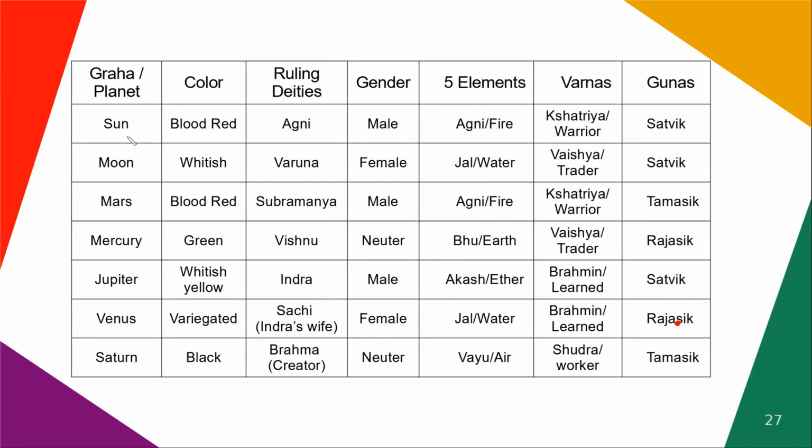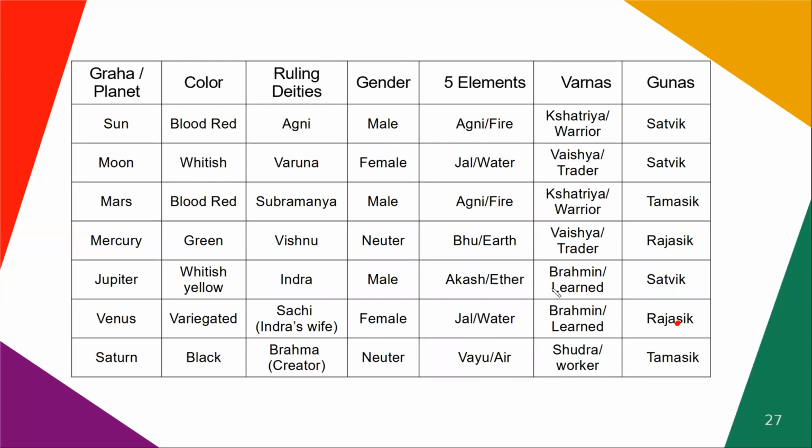So planet Sun and planet Mars, they belong to the Kshatriya or the warrior class. Planet Mercury and planet Moon, they belong to the trader or the Vaishya class. Jupiter and Venus, they are the Brahmin or the learned class.